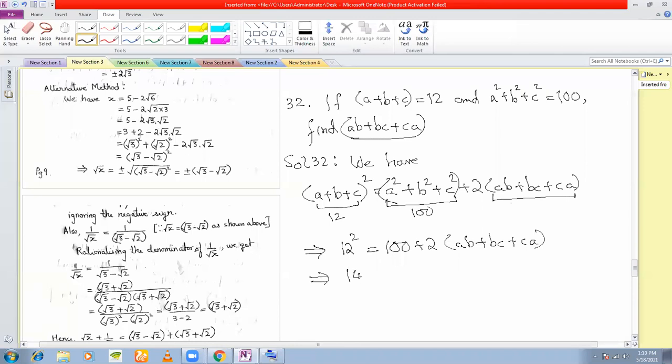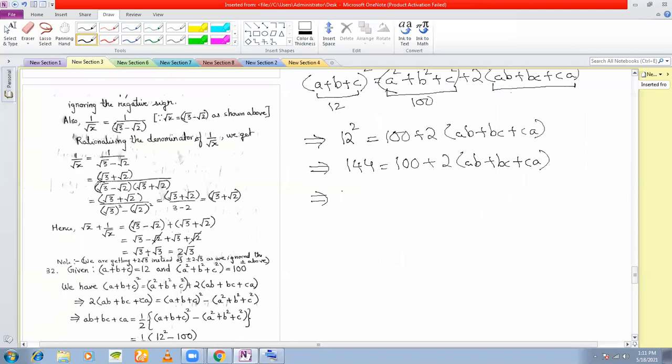So now you have 144 is equal to 100 plus twice ab plus bc plus ca. Now you take 100 on the other side. You get 144 minus 100 is equal to twice ab plus bc plus ca.